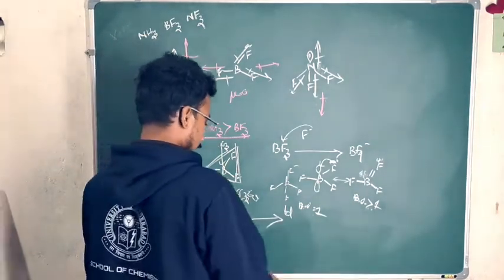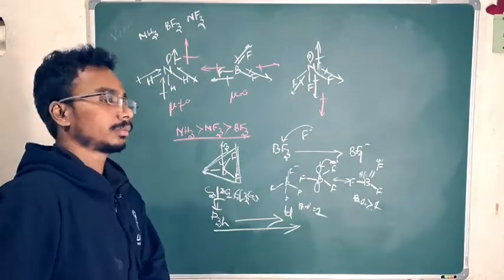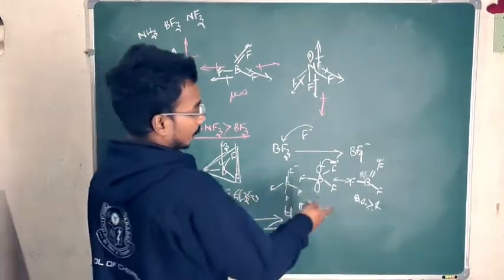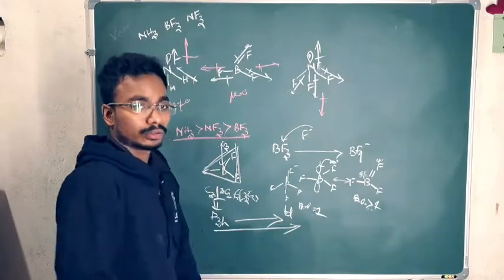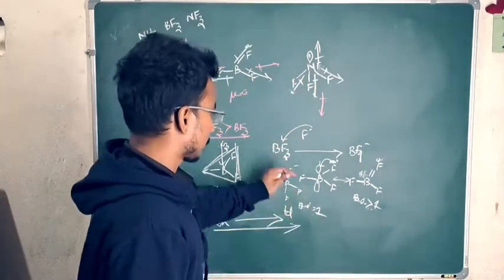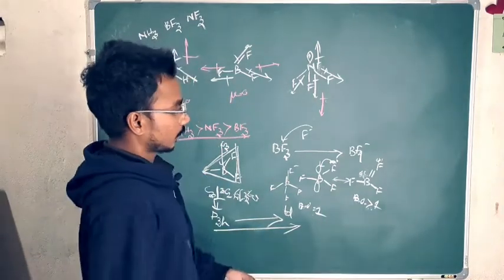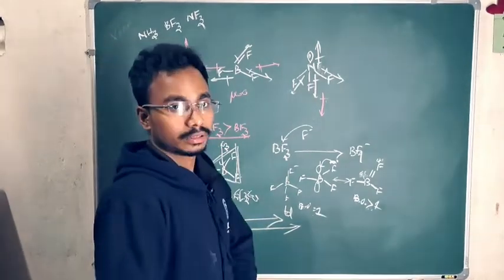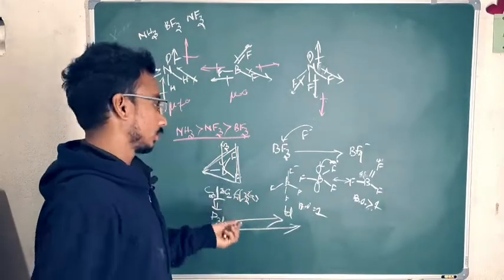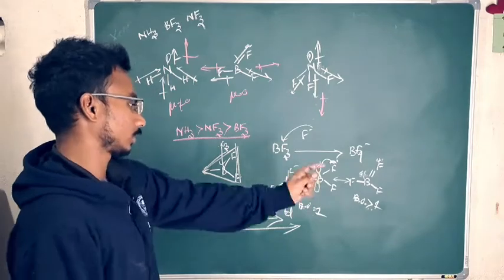So two things we learned here: D3H to Td, symmetry is increasing, and the bond length also elongates. Understand? If you don't understand, please ask me in the comment section, or otherwise go back a few minutes and understand the whole matter.